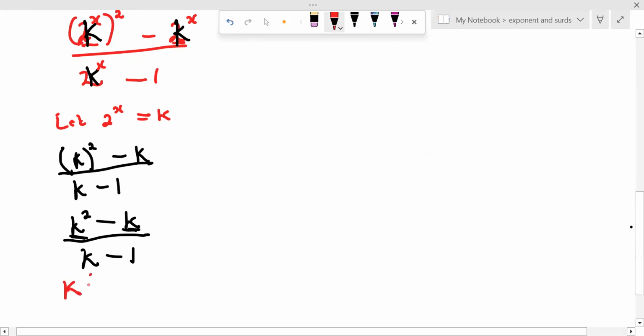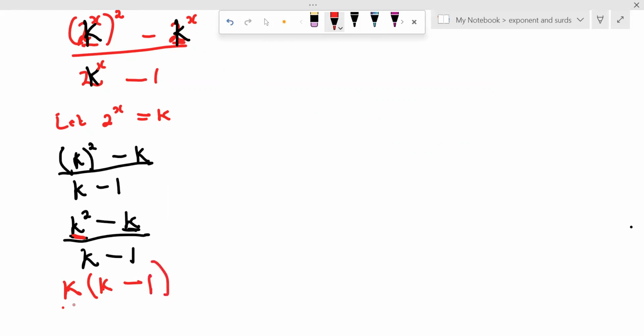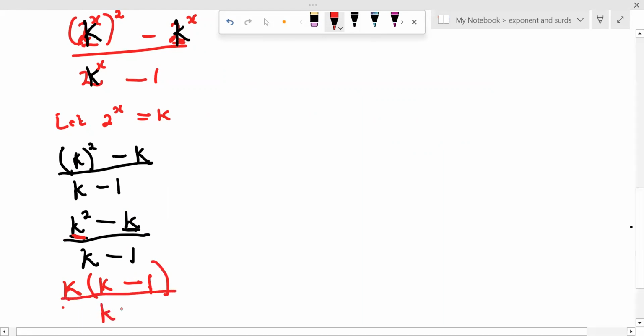If you take k as a common factor, what you are remaining with is that here it's squared. So if I put another k here, k multiplied by k will give me k squared, minus. Now what should I put here such that when I multiply, it will give me k? I would put 1. So k multiplied by 1 will give me k. This is going to be all over k minus 1.